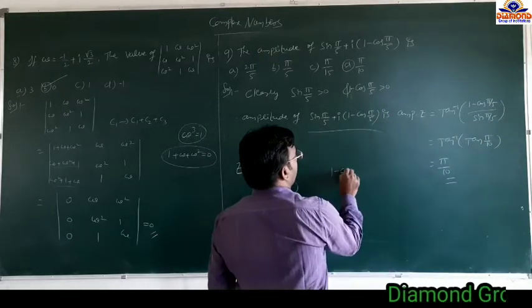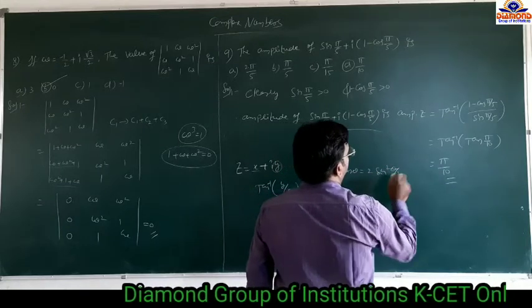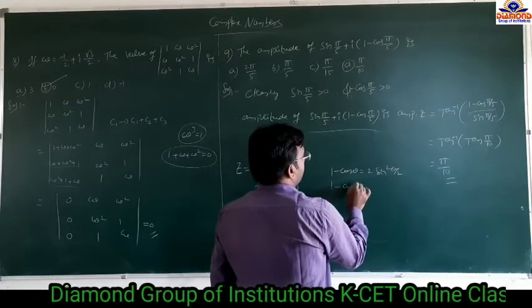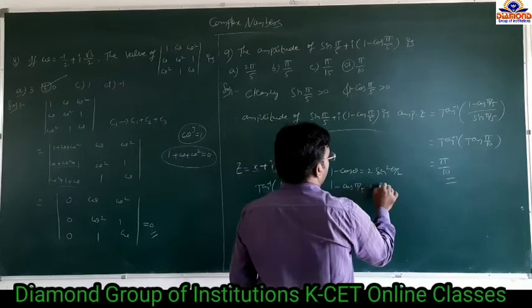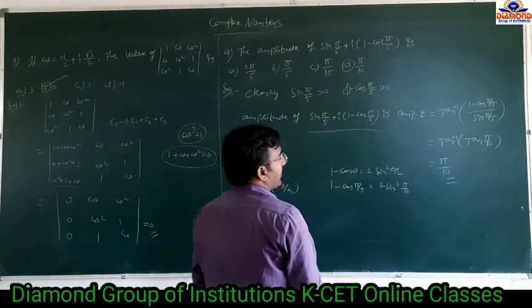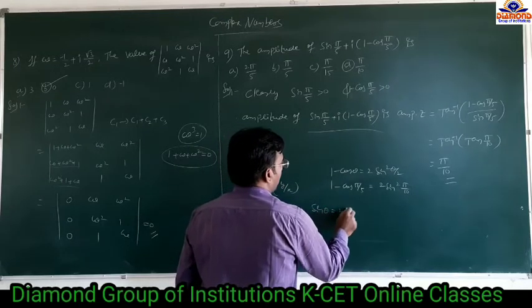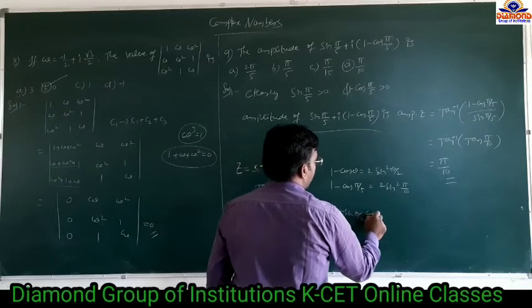Actually, we know that 1 minus cos theta is equal to what? 2 sin square theta by 2. So 1 minus cos pi by n equals what? 2 sin square pi by 10. In the denominator, sin theta is nothing but 2 sin theta by 2 cos theta by 2.